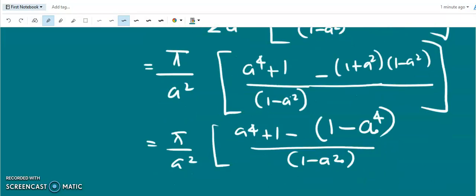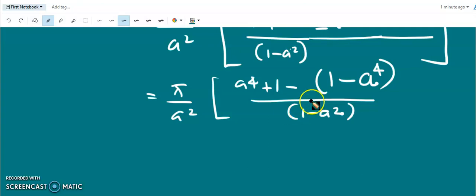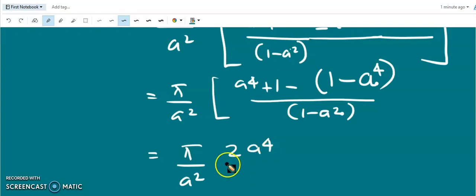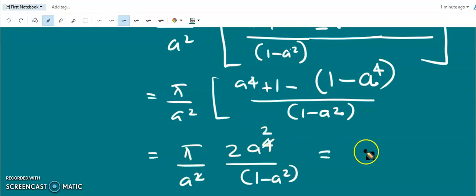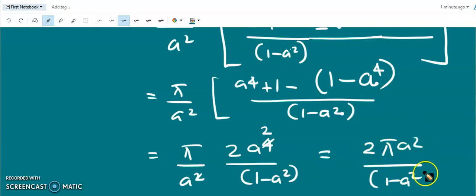So we have this 1 and minus 1 cancel, pi by a square into a raised to 4 plus a raised to 4, 2a to the power 4 into 1 minus a square. So here this 4 and this 2 cancel, and there will be 2 here. 2 pi a square by 1 minus a square.